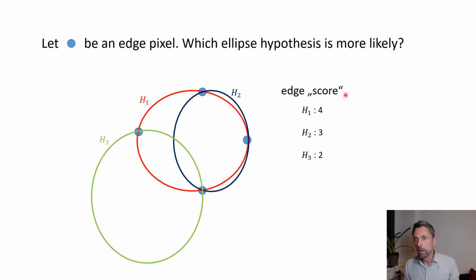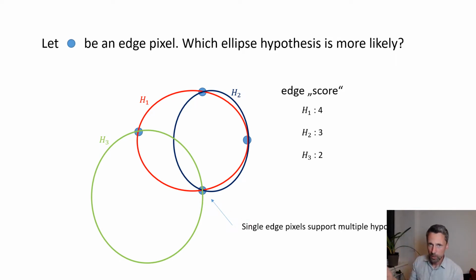Yeah, so we think of this score or edge score, and we could list our hypotheses here and sort them by how many edges these hypotheses are supported by. Yeah, and we can do that because single edge pixels really support multiple hypotheses.